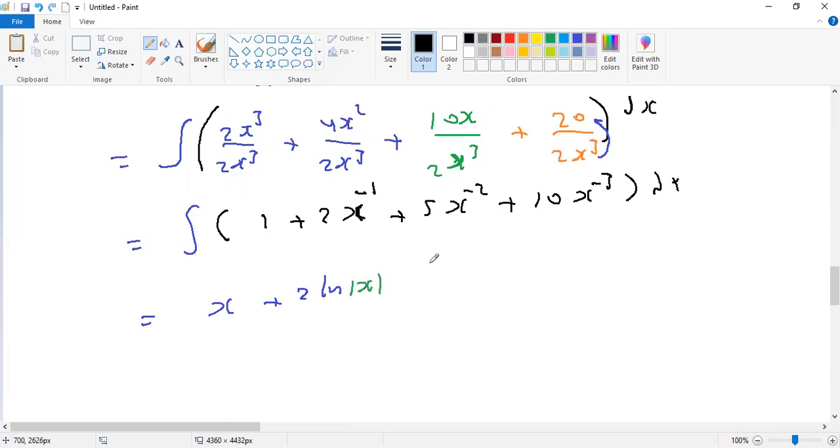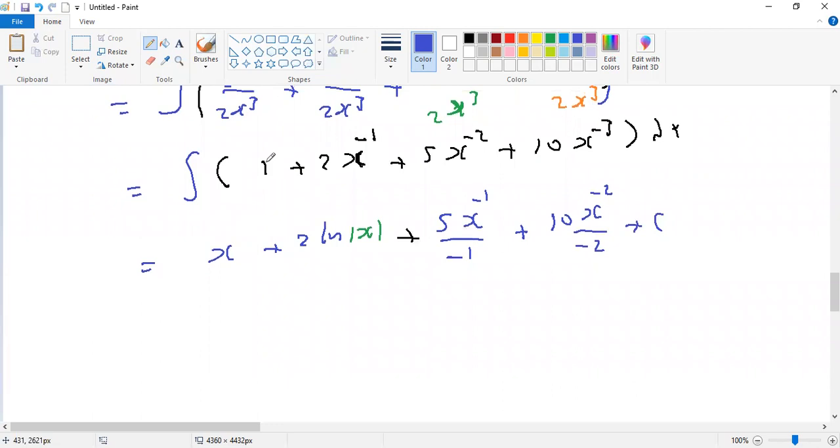Plus the next one: 5, and we add 1 to the power, -2 plus 1 is -1, so 5 x to the power -1 over -1. Then plus 10 x to the power, we add 1 to -3, giving -2, over -2, plus c. So this is the answer.